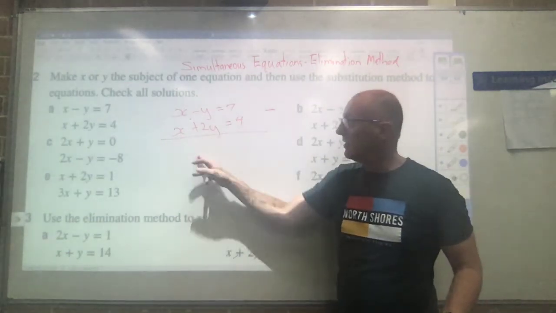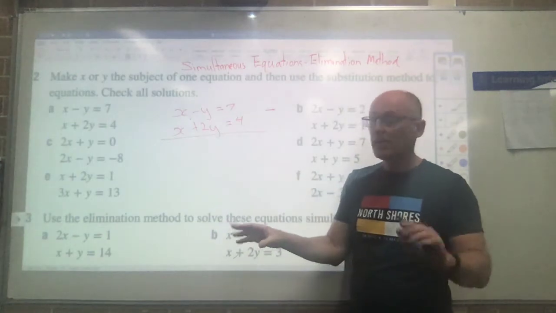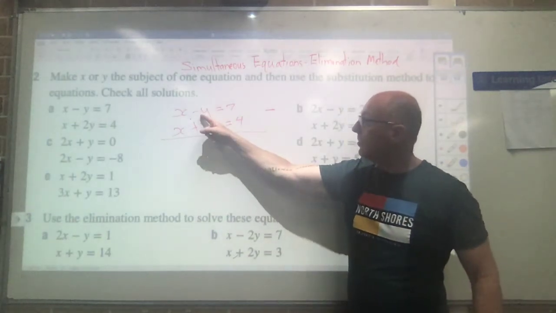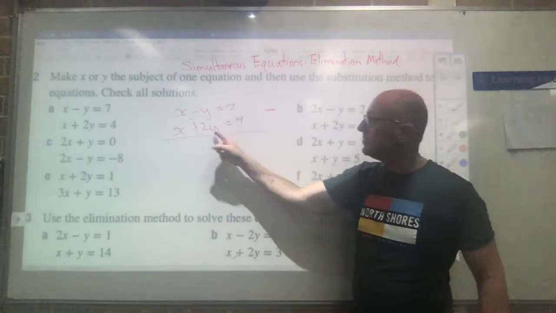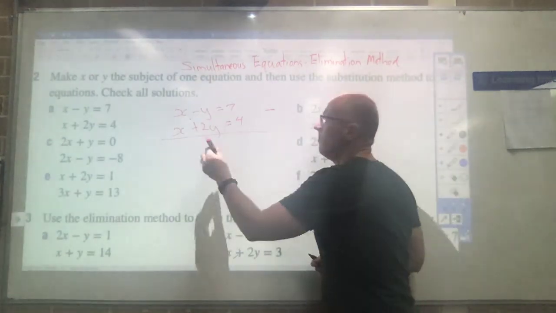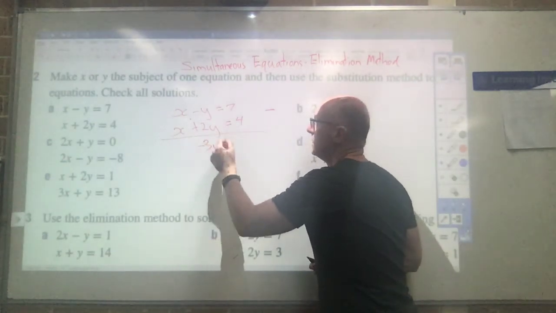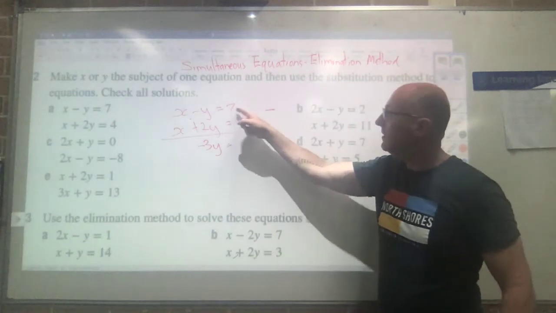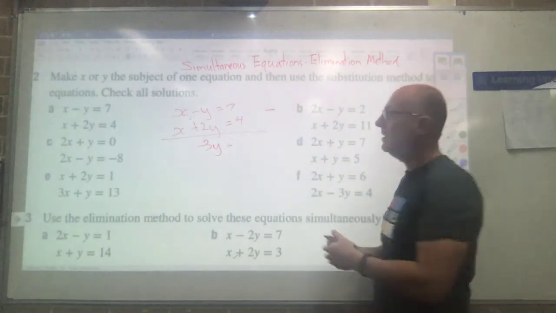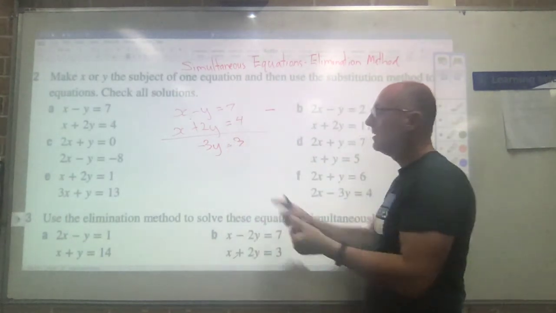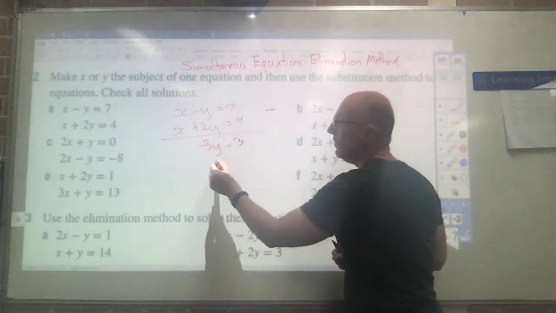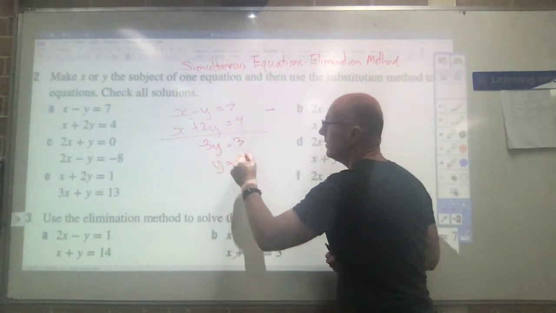We don't need to write 0, so now the x's are gone. Now we go across: minus y minus 2y is minus 3y, and then 7 minus 4 is 3. To finish that off, divide across, and we get y equals minus 1.